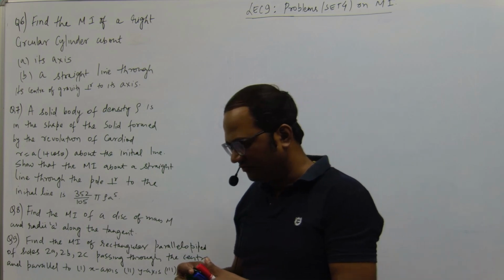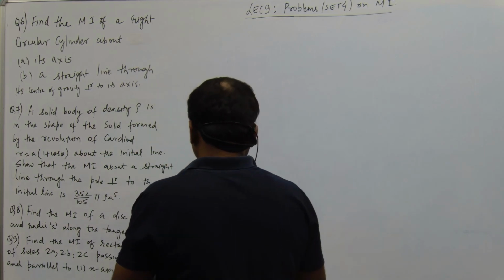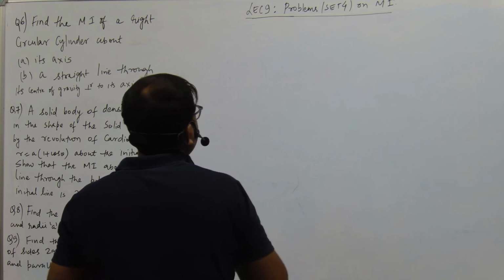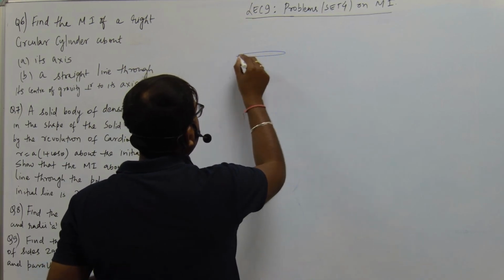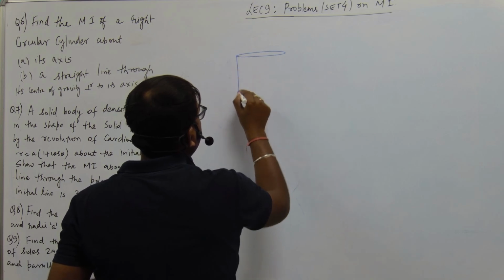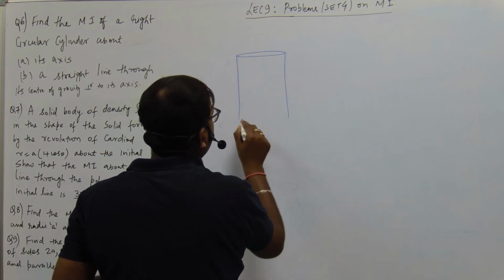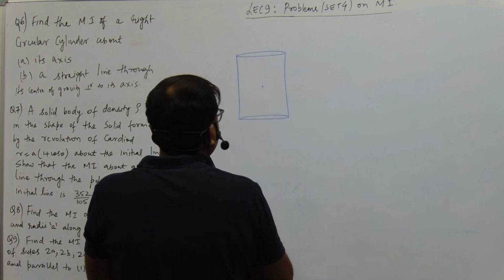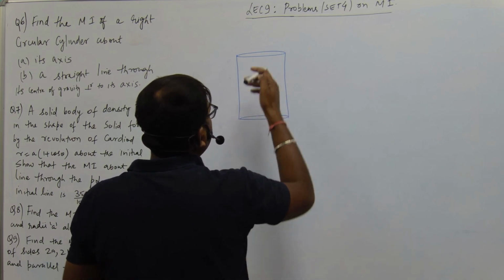Okay, so let us draw this. So we have the cylinder like this. So we have a right circular cylinder. This is the cross section. In the first case we have to find the moment of inertia about the axis that is passing through the center of gravity.